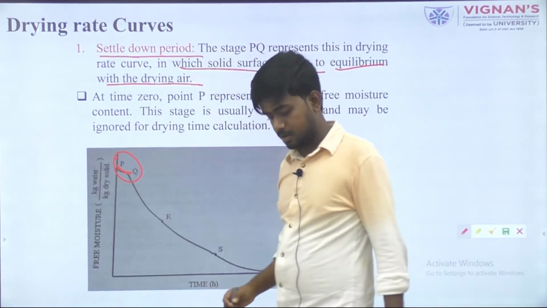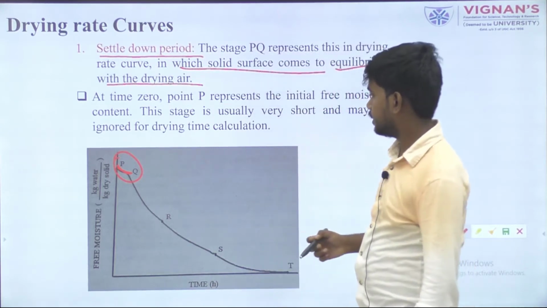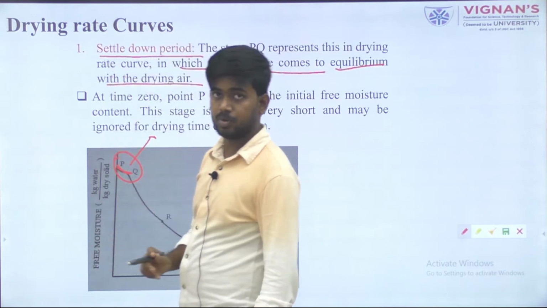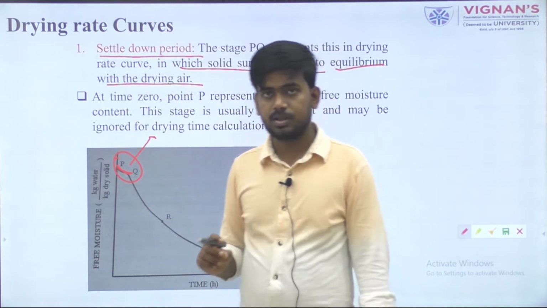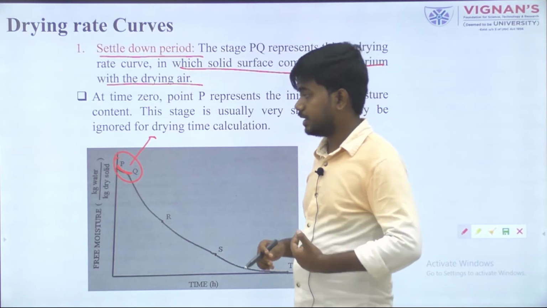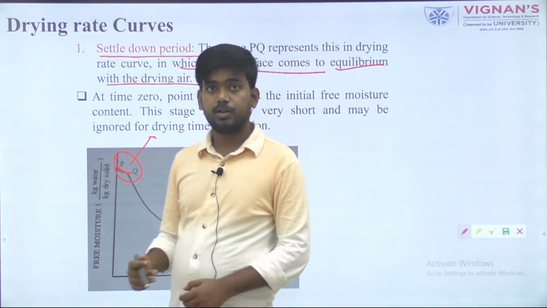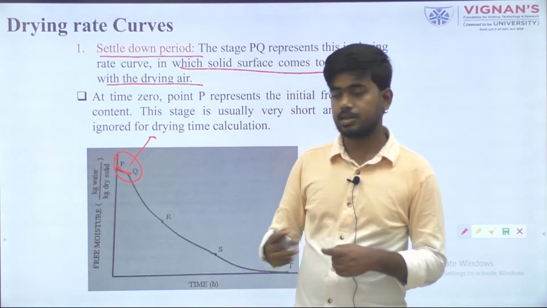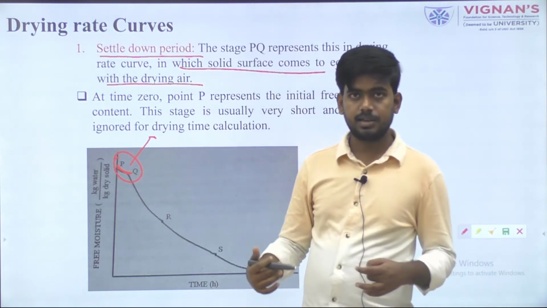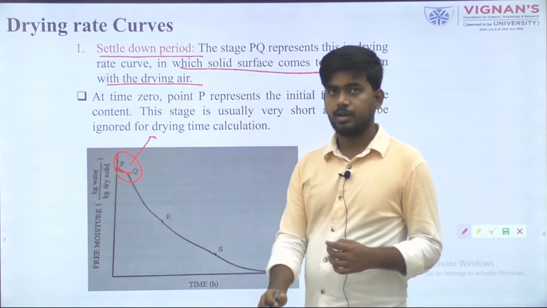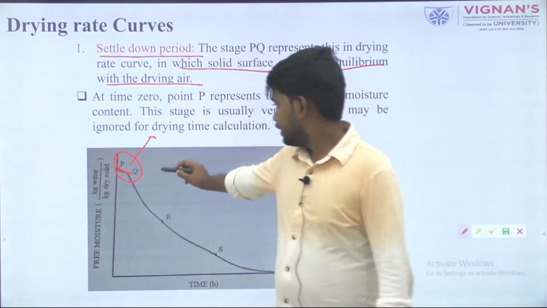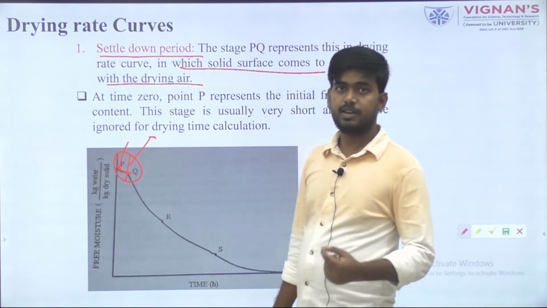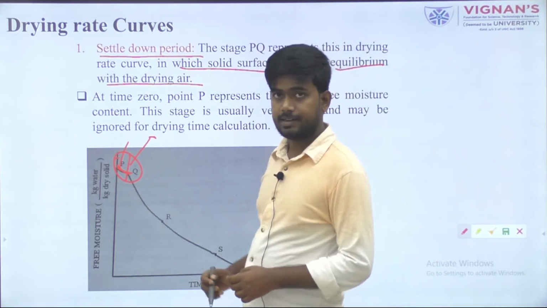This zone is known as the settle down period. It is of very short duration and sometimes neglected. In the majority of books or research articles, they start with the constant rate drying period and then go to the falling rate drying period. But this zone is very small and very difficult to calculate, so we neglect it.